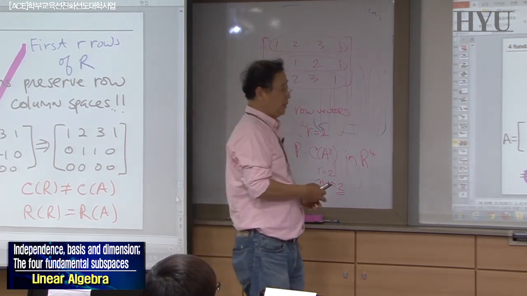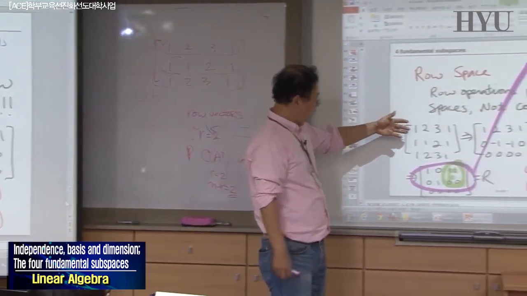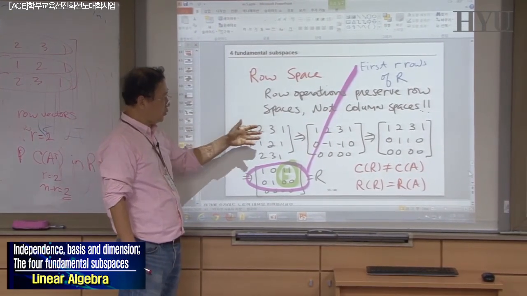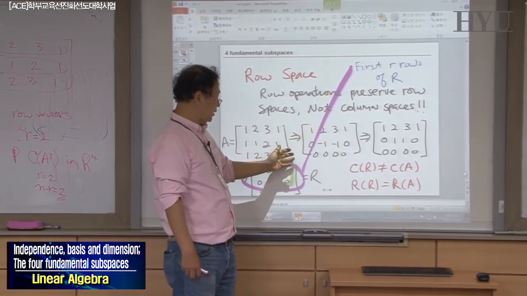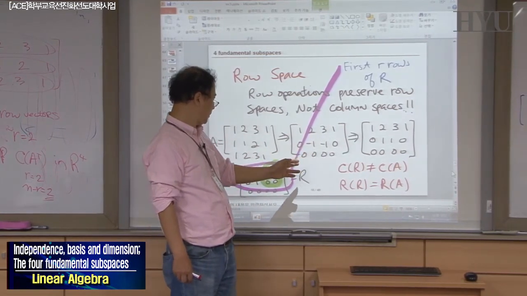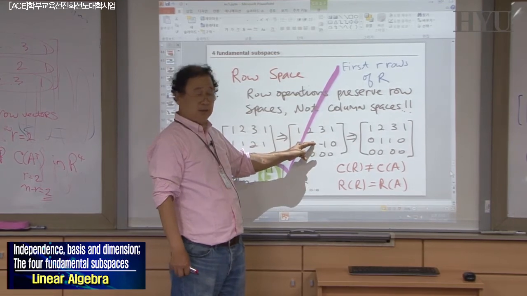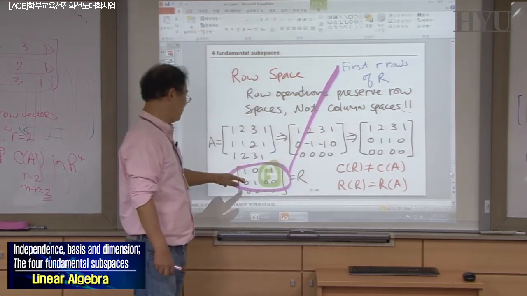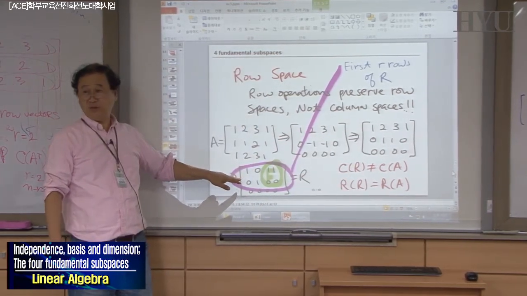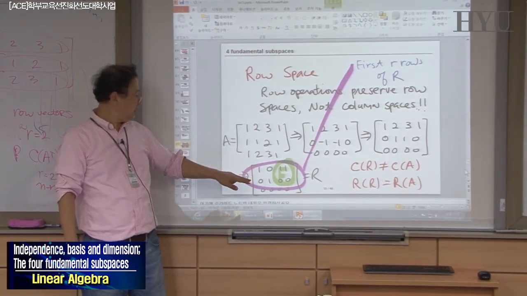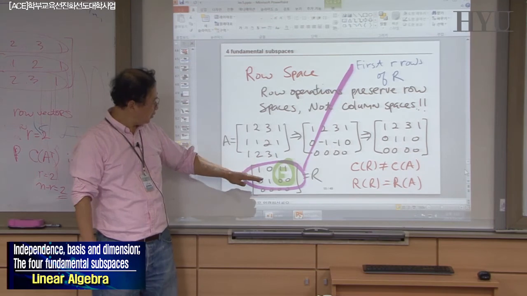Okay. Here's another point. From A we just go through reduction, then this is U, right? Then we go further. This is R, the reduced row echelon form.